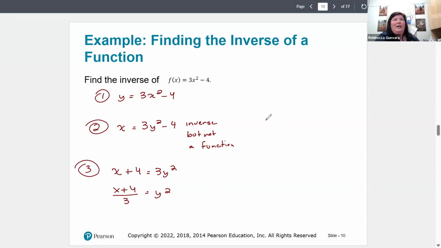If we solve for just y, I have to do a square root, which means I get plus or minus the square root of x plus 4 divided by 3. So that means I have two outputs for each input.